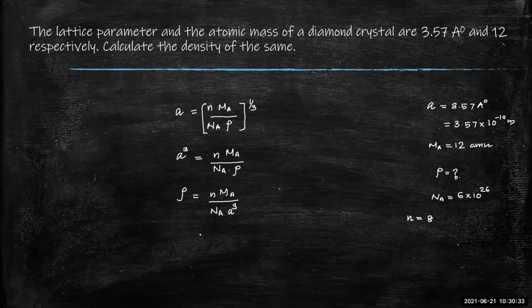Then we substitute here: it is equal to 8 into 12 divided by 6 into 10 raised to 26 into 3.57 into 10 raised to minus 10, whole cube.